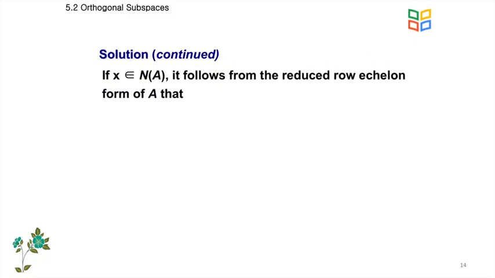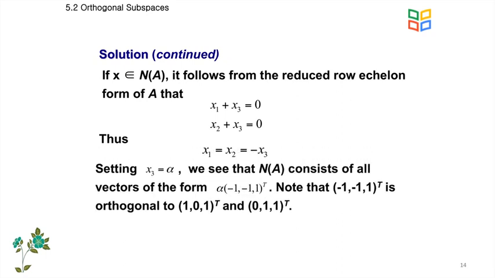If x belongs to the null space of A, it follows from this reduced row echelon form of A that we have these equations, and then x1 equals x2 equals minus x3. Setting the free variable x3 equals alpha, we can see that the null space of A consists of all vectors of the form alpha times (minus 1, minus 1, 1).